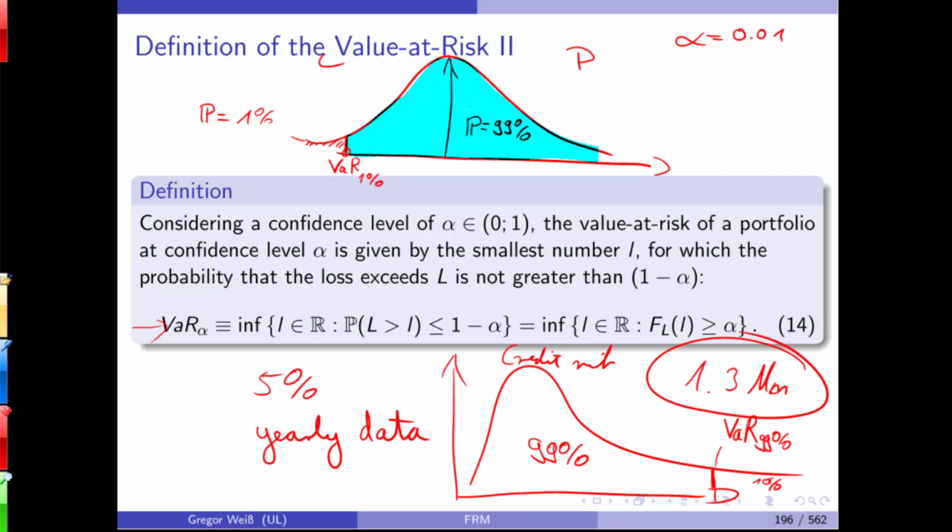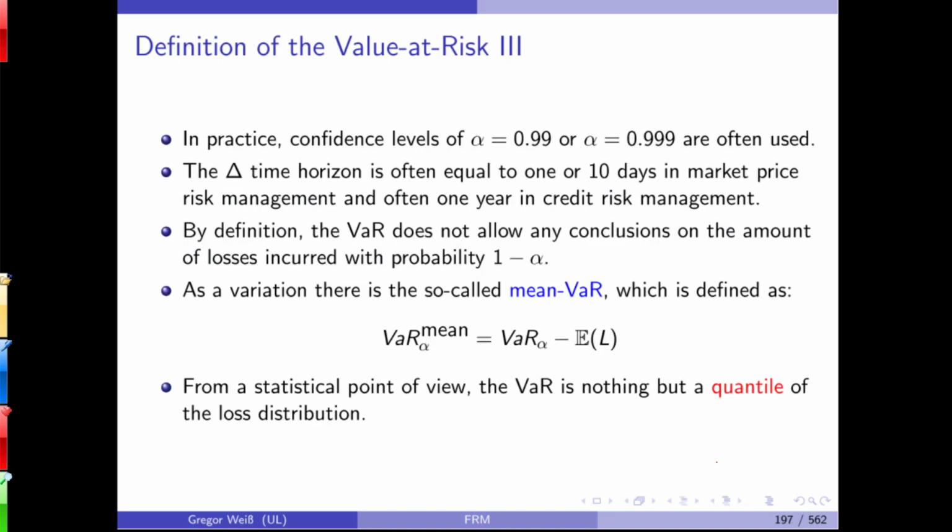And here you see the second disadvantage of the value at risk. It gives you a lower bound for losses, but it doesn't tell you anything about how severe these losses will be in case the threshold is crossed. In practice, you will have confidence levels of 1%, 0.1%.